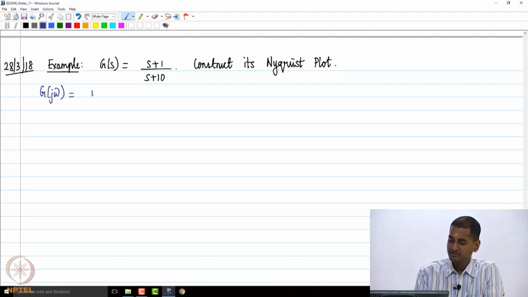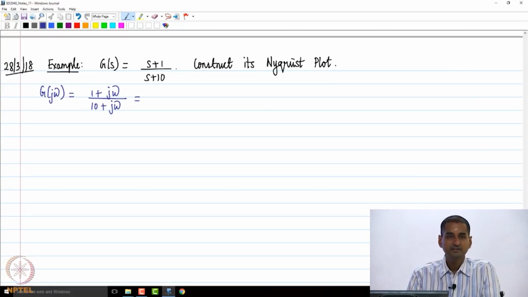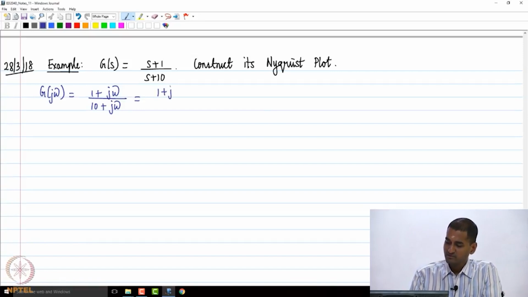G of j omega is going to be 1 plus j omega divided by 10 plus j omega, right? So that's what I'm going to get. Of course, now what do I do? I just multiply and divide by the conjugate of the denominator factor. So I will get 1 plus j omega multiplying 10 minus j omega, and the denominator will become omega square plus 100.